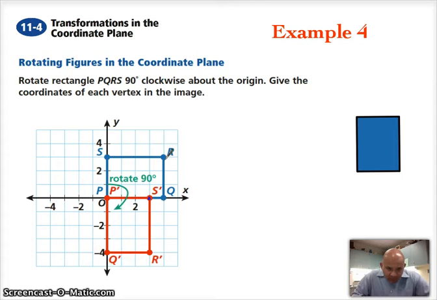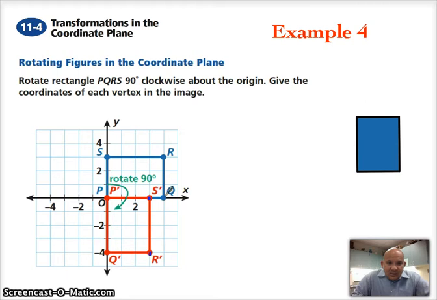Then for R, we see that we need to move that from S 4 units. 1, 2, 3, 4. It's going to be downward, so 1, 2, 3, 4, straight down. Boom, we have R. From R to Q, it's 3 units, and we should find ourselves back against the axis.